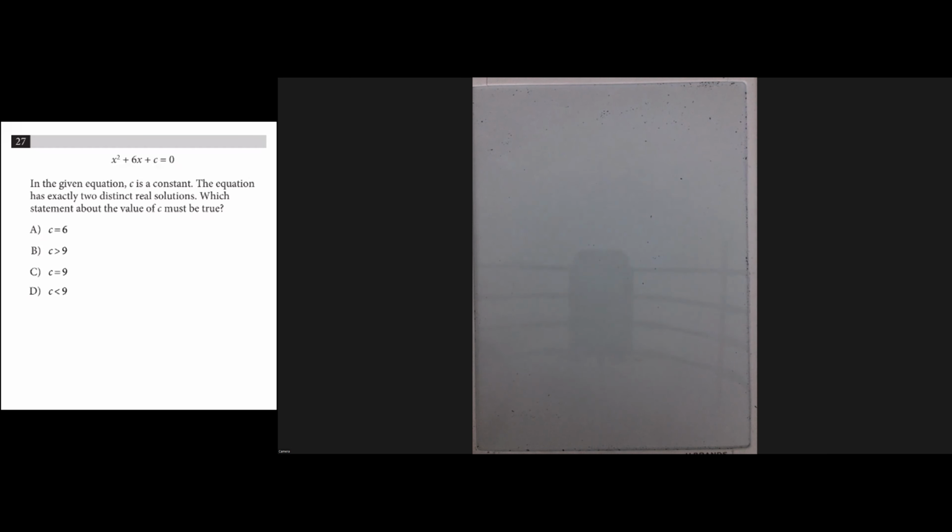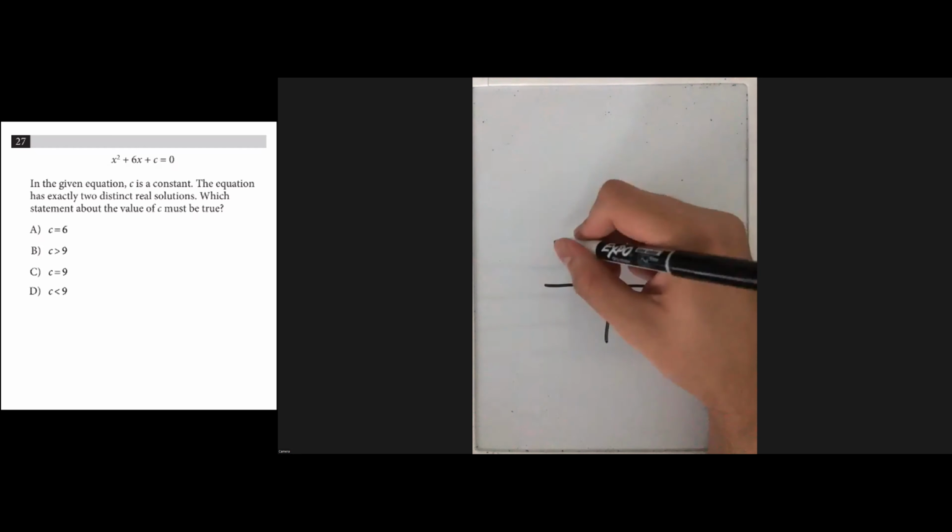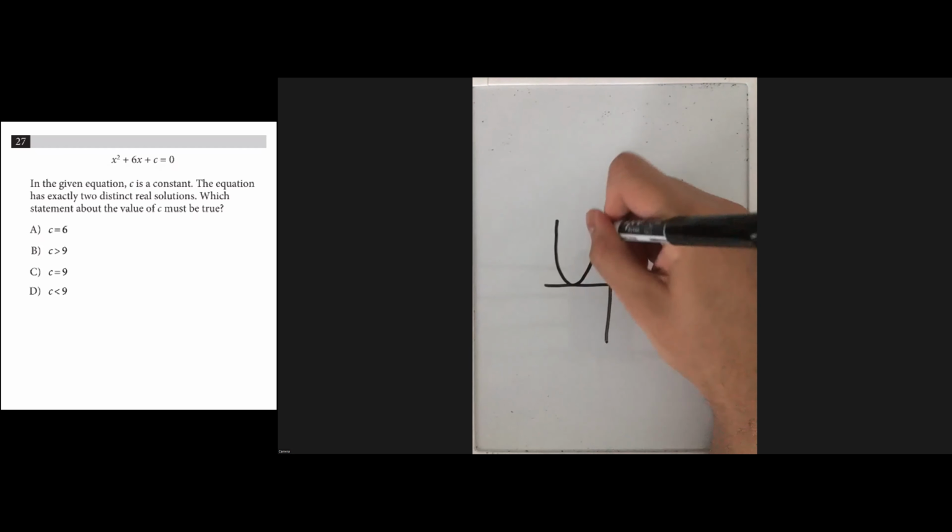So the first thing I did is graph a value for C. For the answer choices, we have C equals 9 or C equals 6 or greater than, less than. So the first thing I did was choose C as 9 and graph x squared plus 6x plus 9. And you'd get something like this.